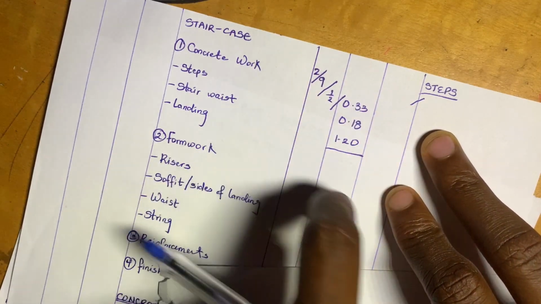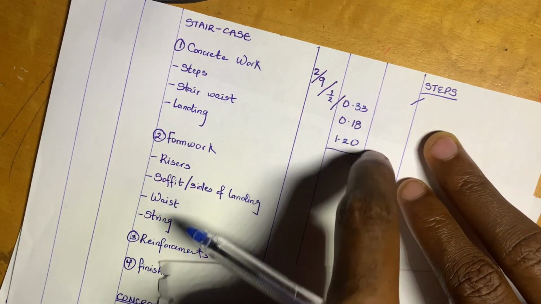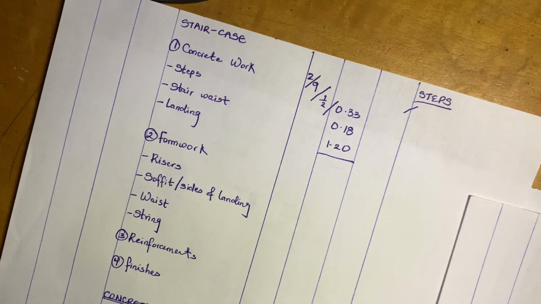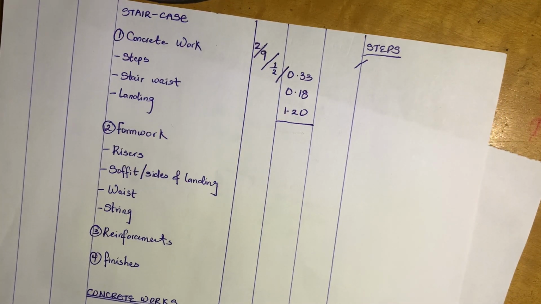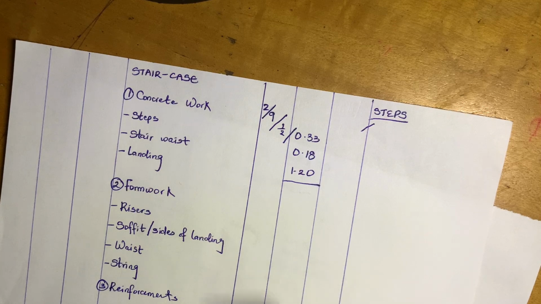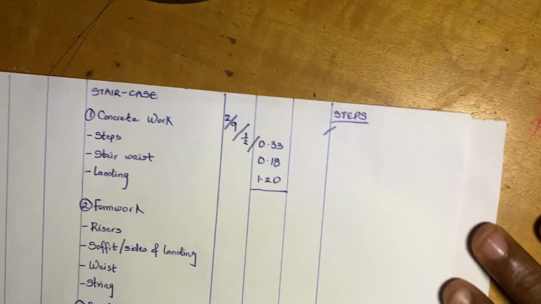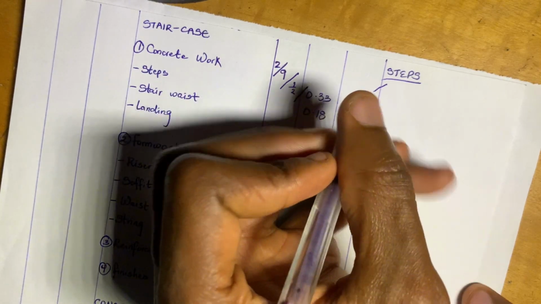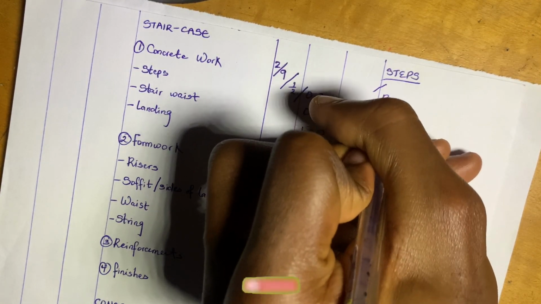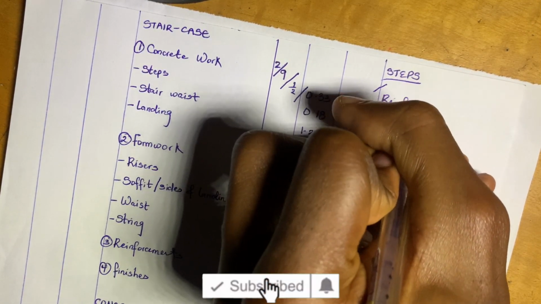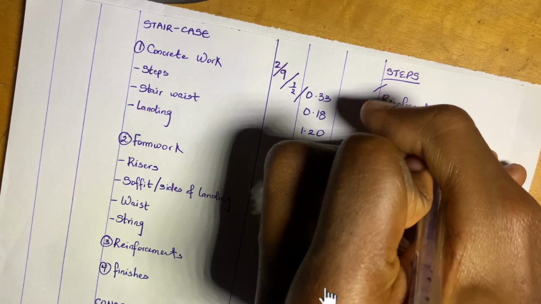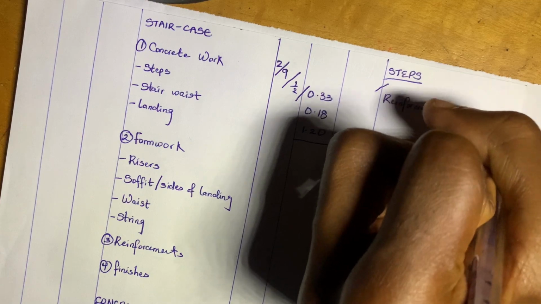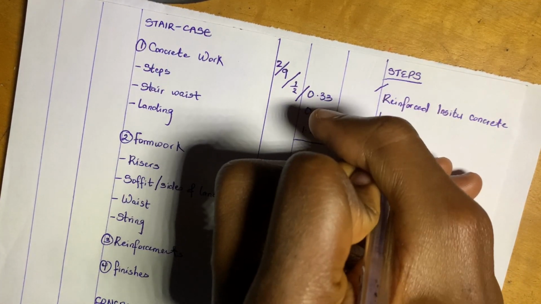So doing this, you've booked for your what? Steps in your what? First flight and in your what? Second flight. So after doing this now, you can what? Describe. So you describe by saying reinforced in situ concrete to what?